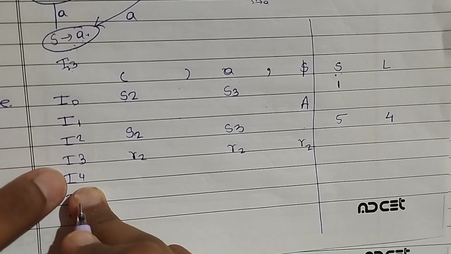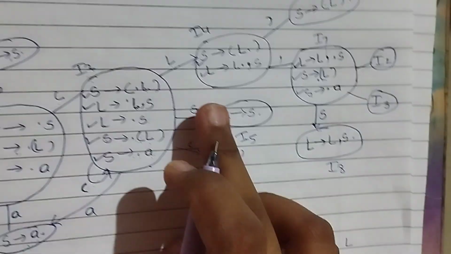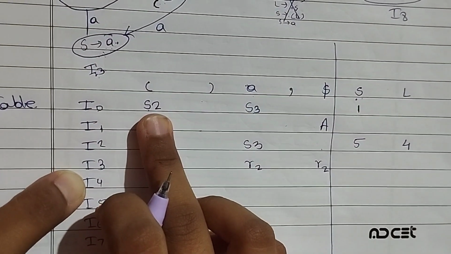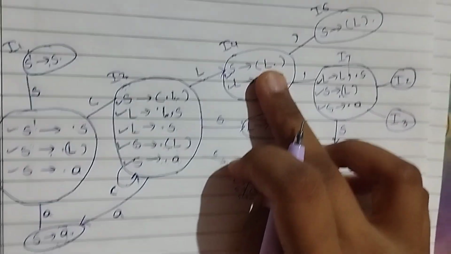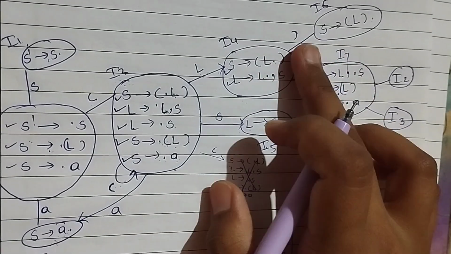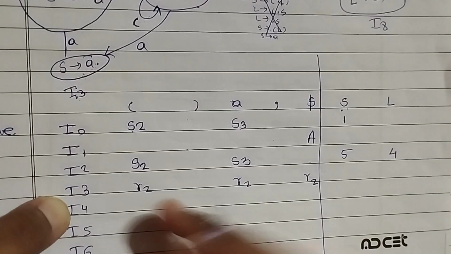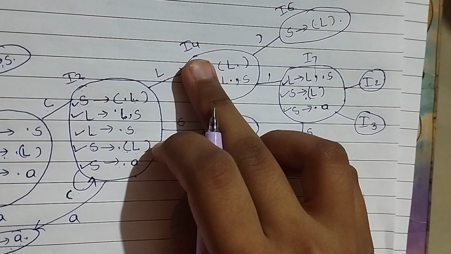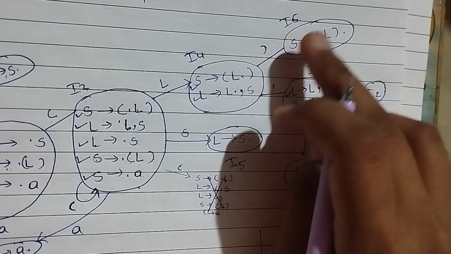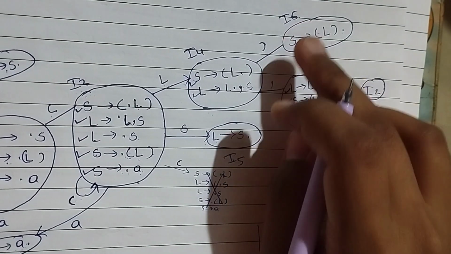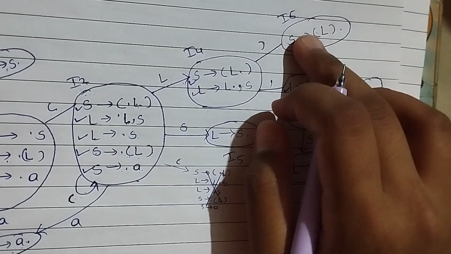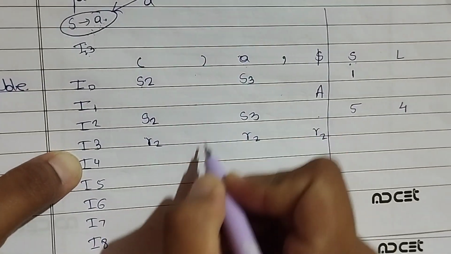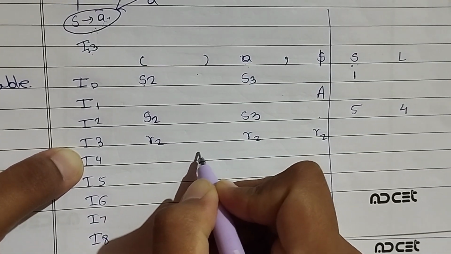Now I4. From I4, the opening bracket first. The opening bracket does not go anywhere, so we write nothing. Now the closing bracket. From I4 the closing bracket goes to I6, meaning the closing bracket is shifted to I6, so we write S6 below the closing bracket.